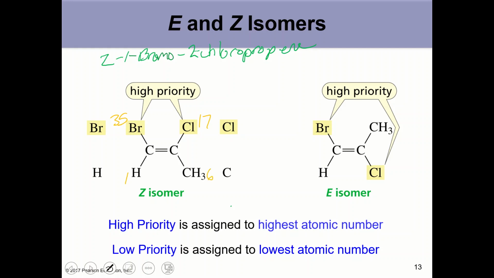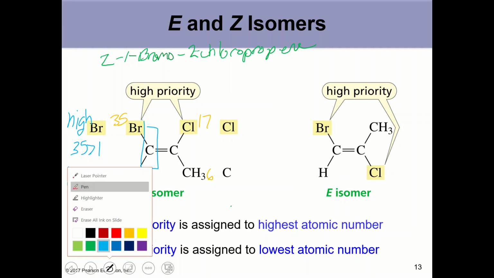So, for our first vinyl carbon, the high priority group is bromine, because 35 is greater than 1, and hydrogen is the low priority group.